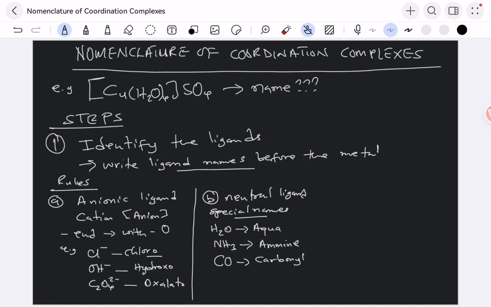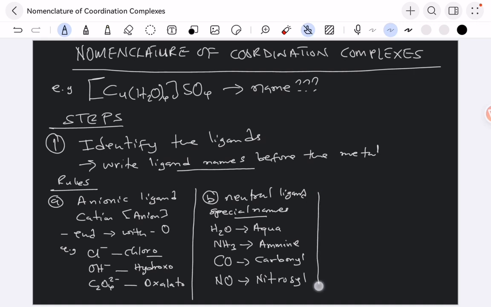So these are a few examples of neutral ligands. There is also NO, which is known as nitrosyl.